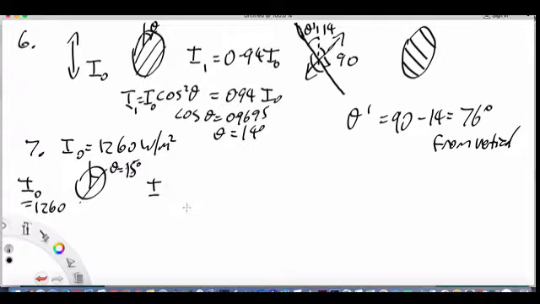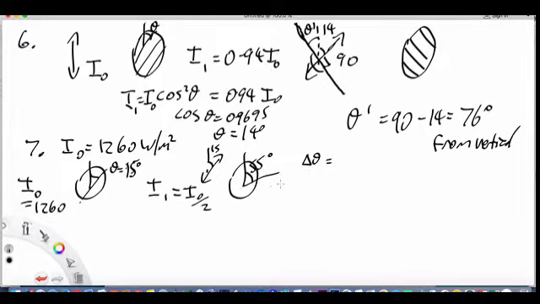And we have an intensity here, and that is in fact I naught over 2 because it was initially unpolarized. The second polarizer has an angle of 55 from the vertical, and that means that the angle between the light and the polarizer is 55 minus 15, which is 40 degrees.